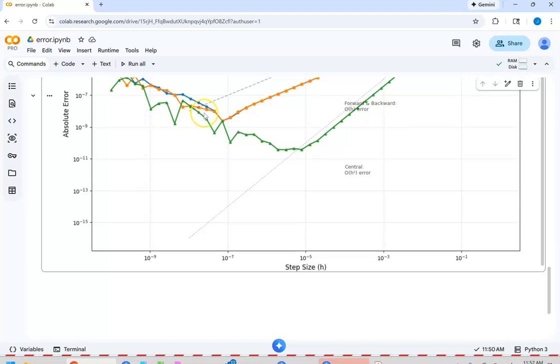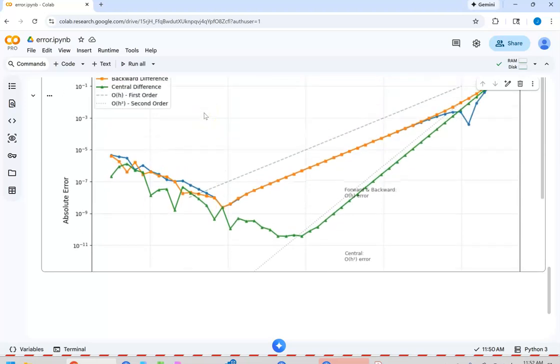Thoughts on what happened? Why did the error get worse after a while? In particular, let's think about this number right here for the error. What's that about? Looking at the graph.